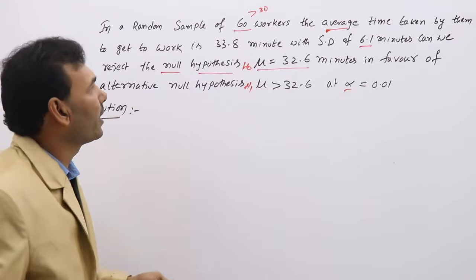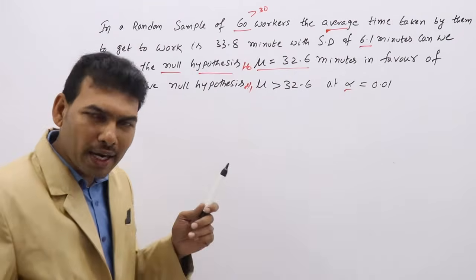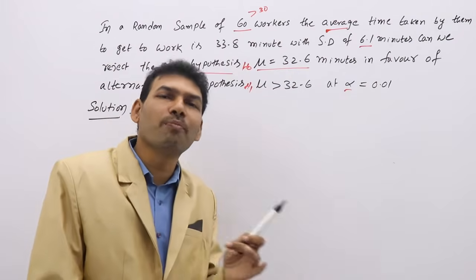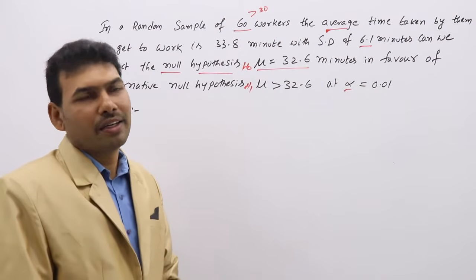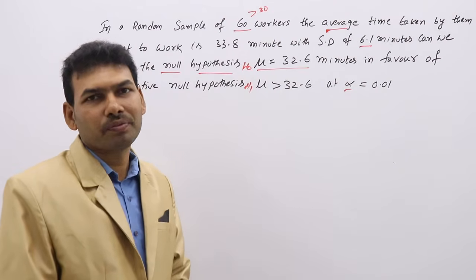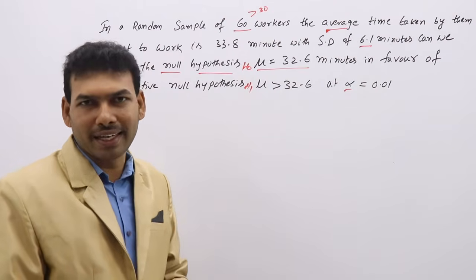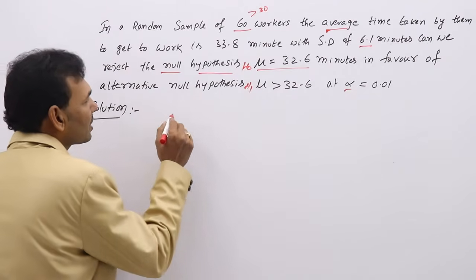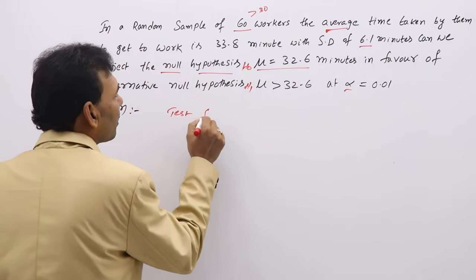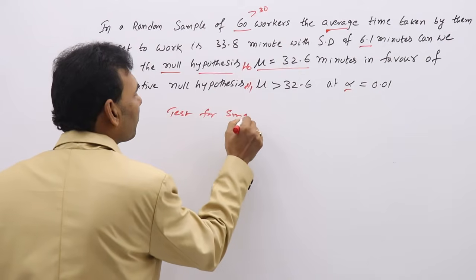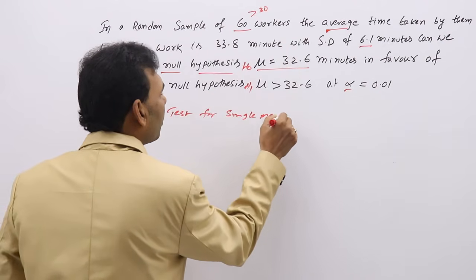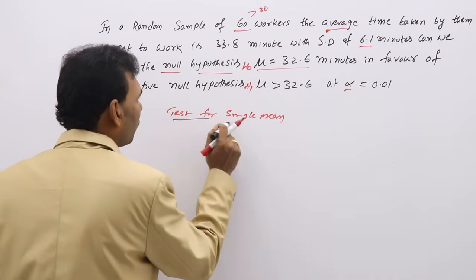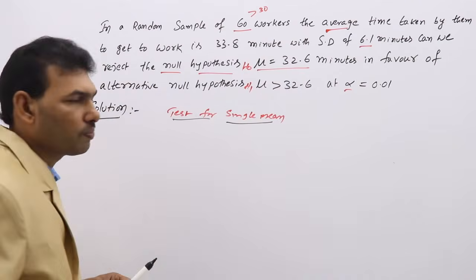So clearly, if you observe, one sample is there, one sample mean is there, with SD, and the sample size is greater than 30. So this is a test for a single mean in a large sample. We call that one a Z test also.